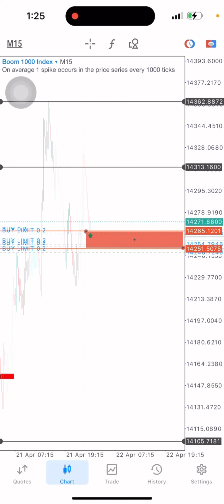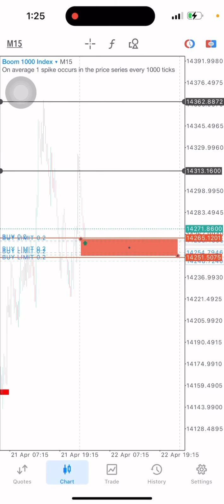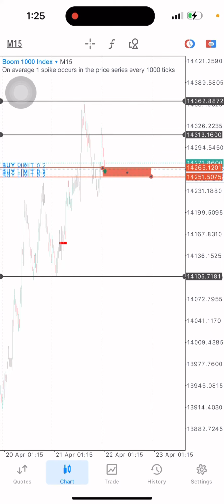Now, the pivot point in our case, we're going to use it to build a strategy that will be used to determine the turning point of certain instruments in the Deriv market. And these are the Boom 1000, the Crash 1000, and then maybe the step index and VIX 75 index. So once you've identified the pivot point, you're going to delete the marks that you set for the previous days, that is the previous day's high, previous day's low, and the previous day's close.